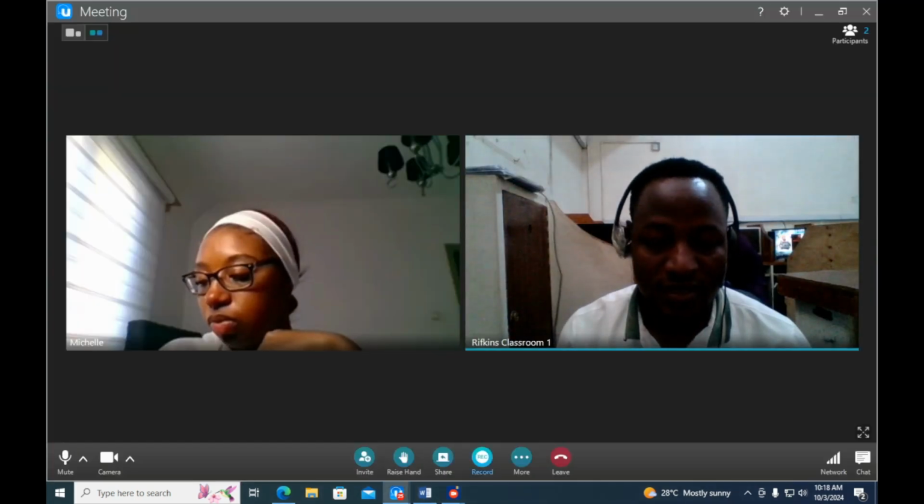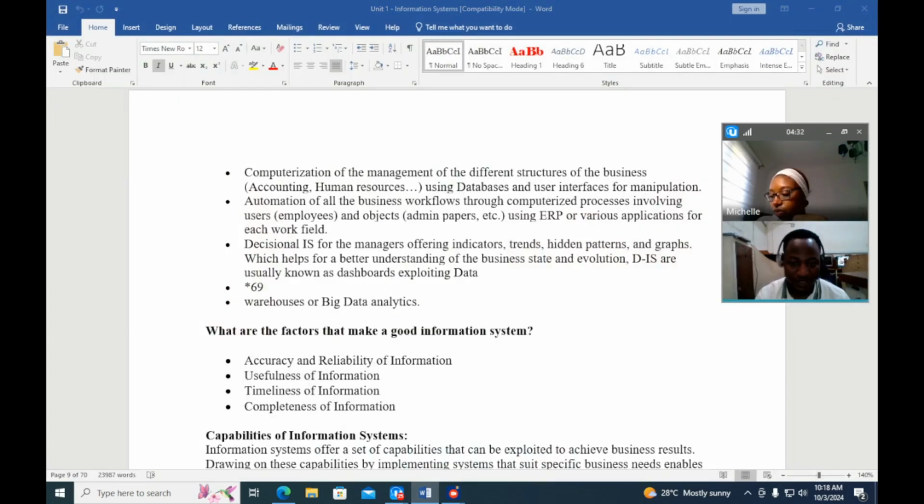All of these are computerized, and of course they are computerized using technologies such as databases, for storing accounting information and the workforce information.